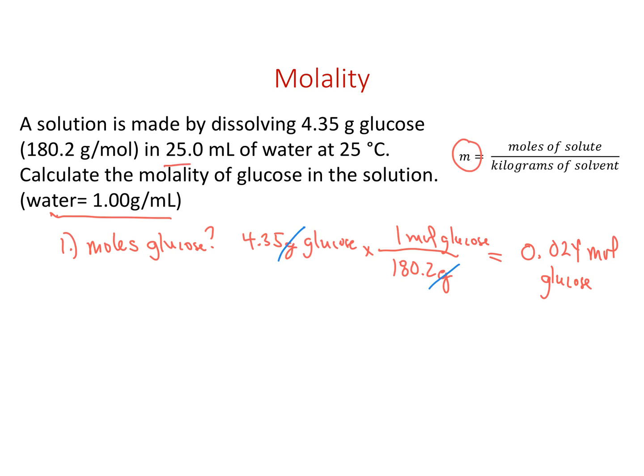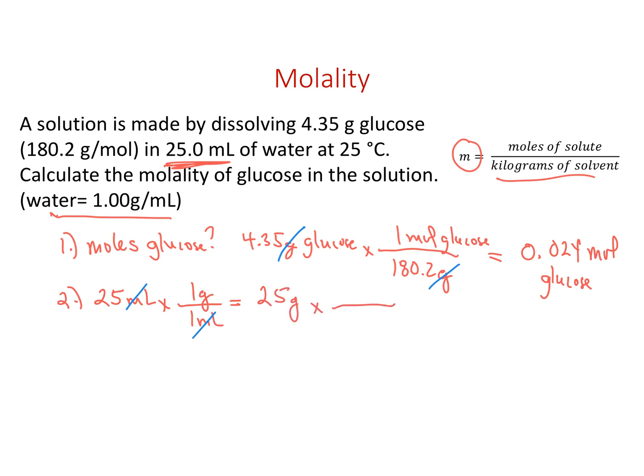Part 2, I need to find the mass of the solvent in kilograms. So I need to convert 25 milliliters into kilograms. And so if I have 25 milliliters of water, I know that the density of water is 1 gram per 1 milliliter. Milliliters cancel out, so I have 25 grams of water.